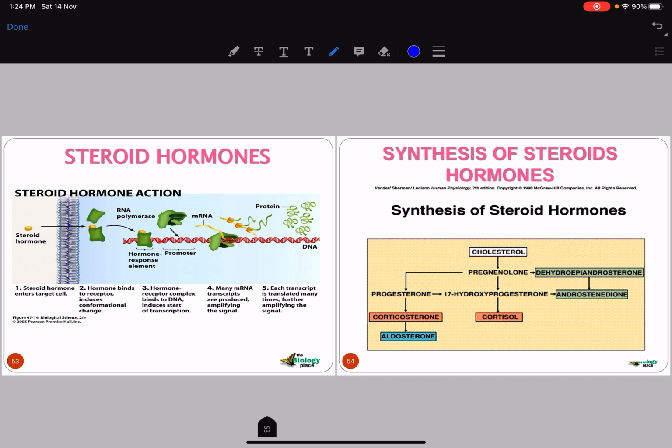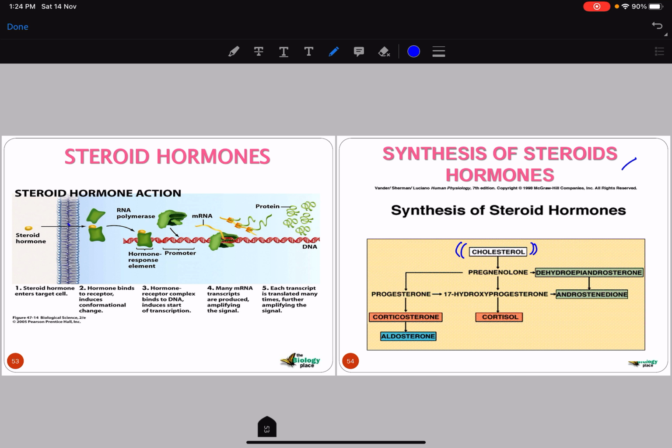Now we look into the synthesis of steroid hormone. The precursor of steroid hormone is cholesterol. This cholesterol will undergo enzymatic reactions or conversion using enzymes. Cholesterol is converted into pregnenolone.